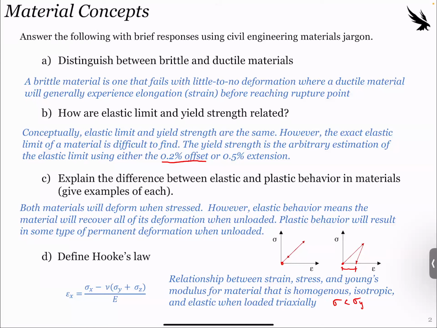So in this case, for our three-dimensional Hooke's law shown here, you have Poisson's ratio. For one-dimensional Hooke's law, that's just that the Young's modulus E is equal to the slope of the stress strain curve in the linear elastic region. So E is equal to stress, sigma, over strain, epsilon.